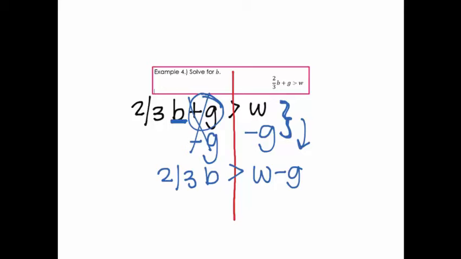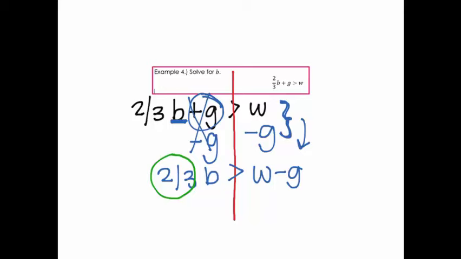So now we have to think about what's happening with this 2/3 b. When you see a fraction, it's like saying that you're multiplying whatever that number is by your numerator, or the 2 here, and then dividing that by your denominator, or the 3. So all you have to do is flip it upside down, or find the reciprocal of the fraction, to undo that fraction.